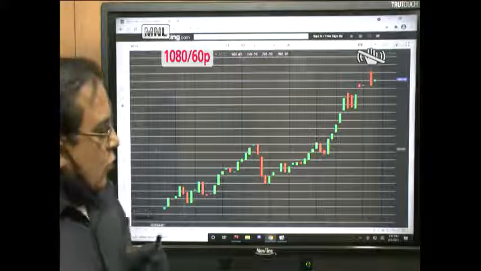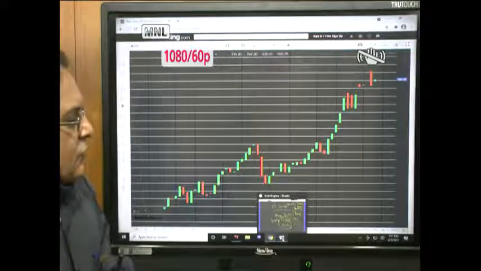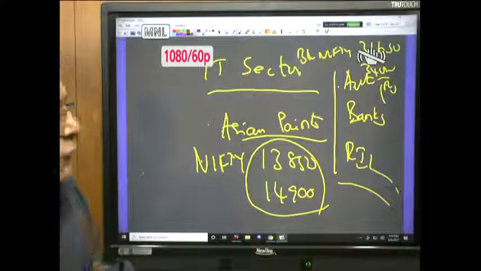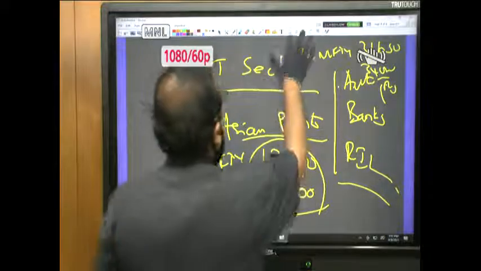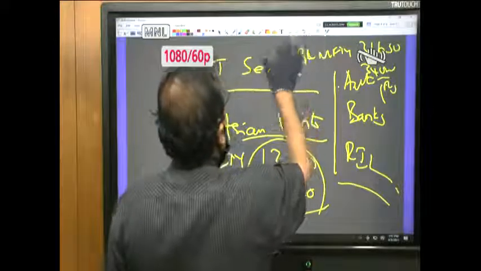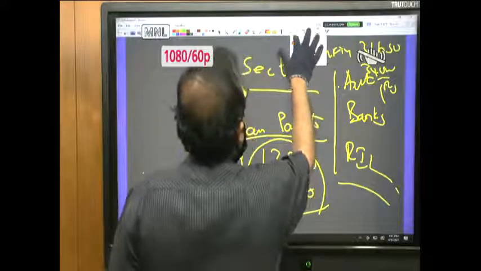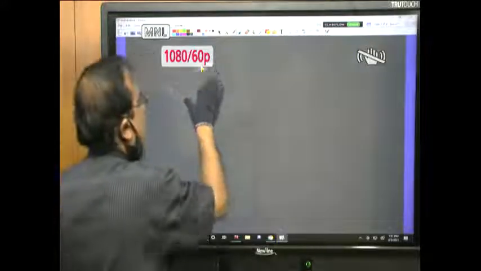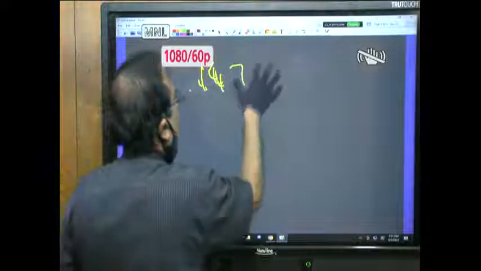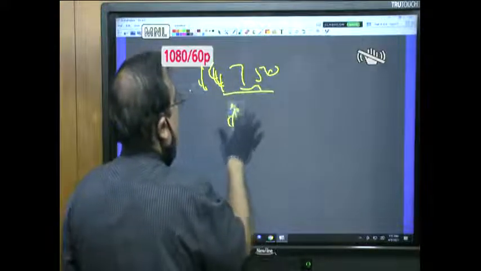Because we are expecting a slight move on the downside towards 13,850 itself. So if it comes to 14,750 or so, you can buy a put option.